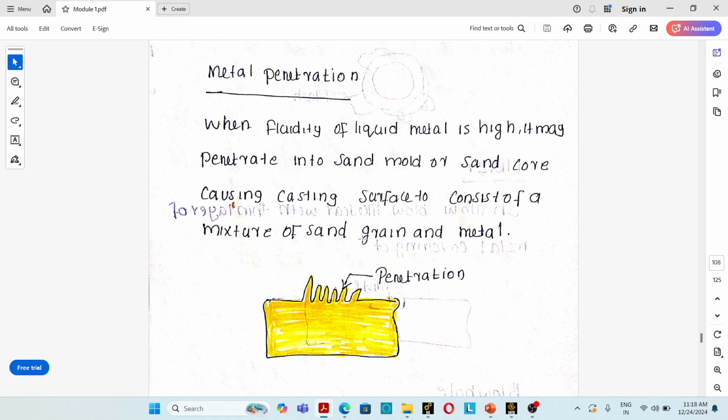After solidification, there will be several projections over the surface of the casting, and that is known as metal penetration. The main reason is the high fluidity of the molten material, which penetrates into the space between sand particles and after solidification is visible as a projection over the surface of the casting.